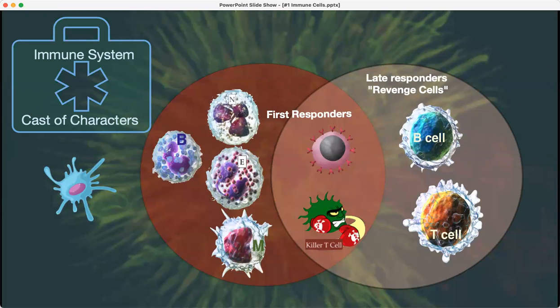So this is your cast of characters, your dendritic cells, these little guys over here with these arms all around them, the first responders that includes the activated lymphocytes, and these late responders or revenge cells ready to mount an immune response.